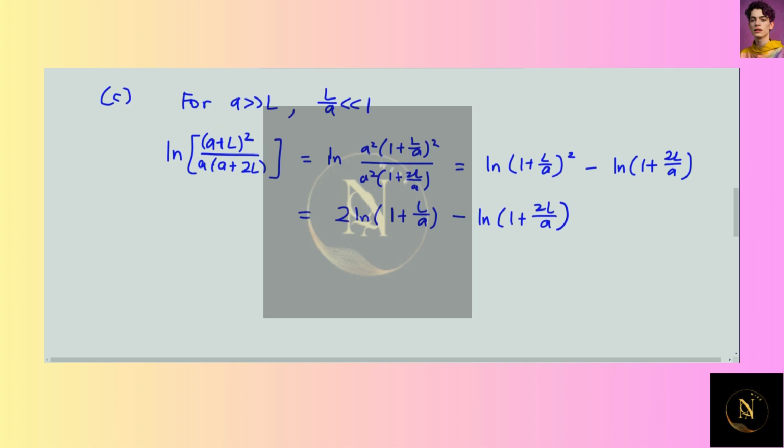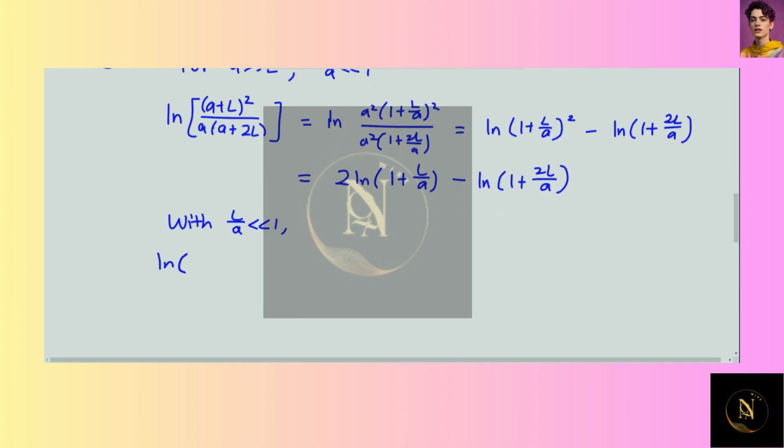With L over A much less than 1, natural log of 1 plus L over A is L over A, there's no need to put the approximate sign, you can just put equal, minus L squared over A squared times half.